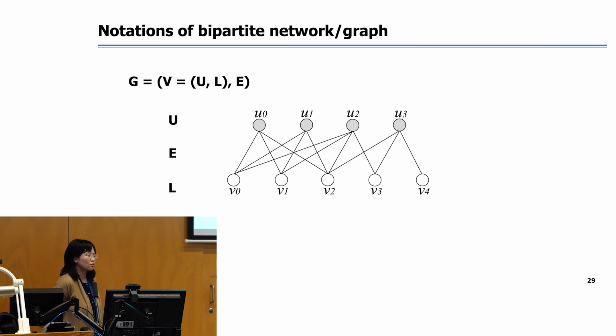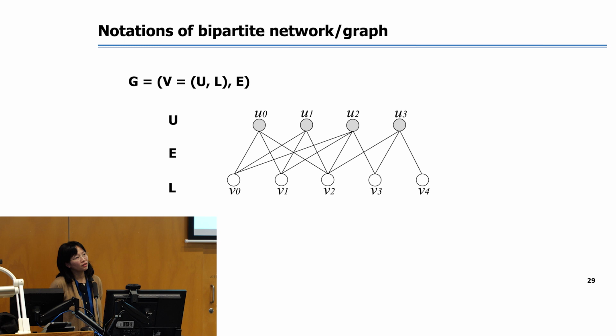In a bipartite network, you may consider, if we want to extend the very basic K-core model to bipartite networks, what should we do? Remember that the K-core model is defined based on the degree of vertices in a graph.